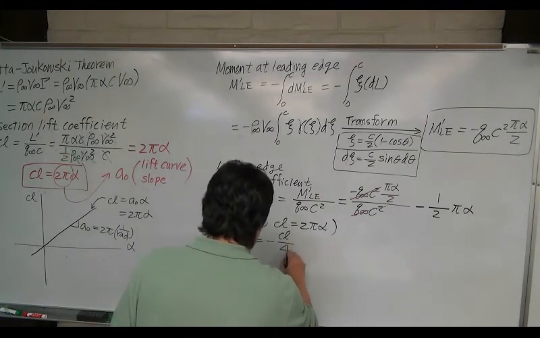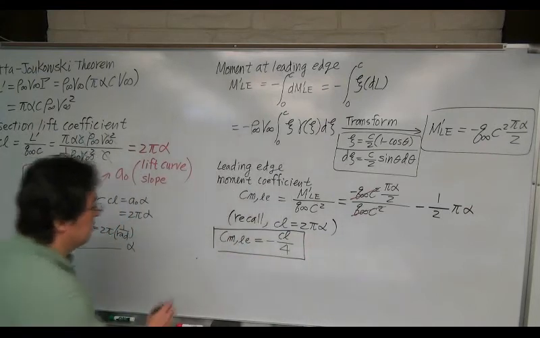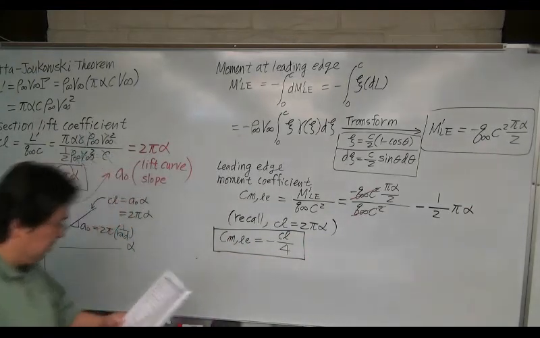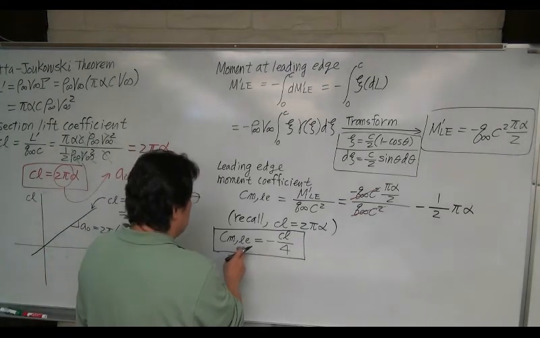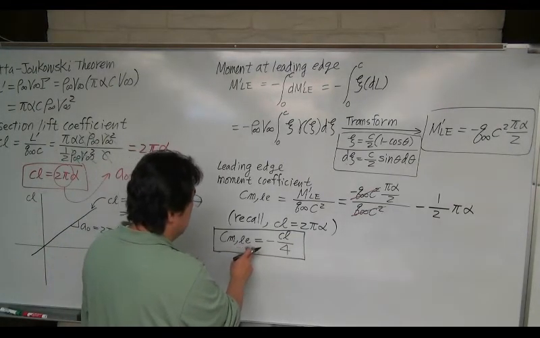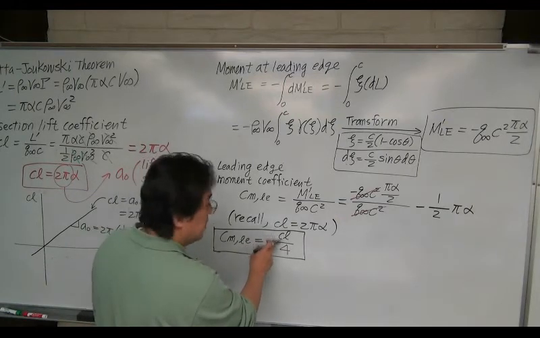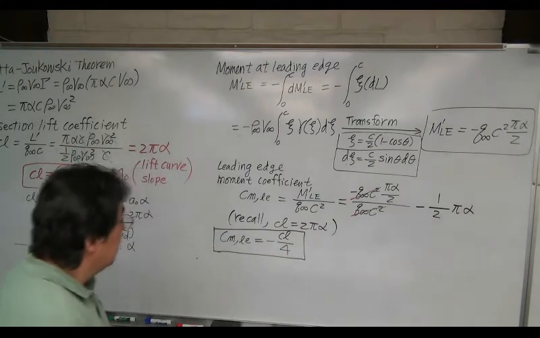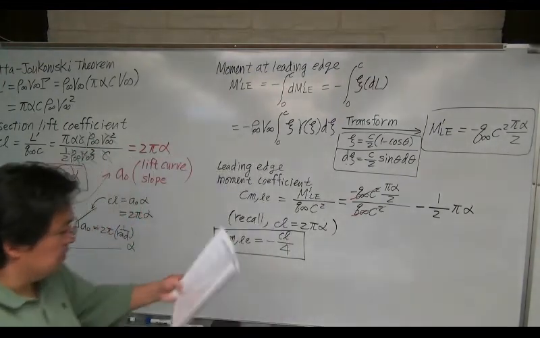CL divided by 4, isn't it? So, the moment coefficient at the leading edge of a thin symmetric airfoil is whatever the section lift coefficient is divided by 4, minus. So this is the leading edge moment coefficient of the section. Okay?